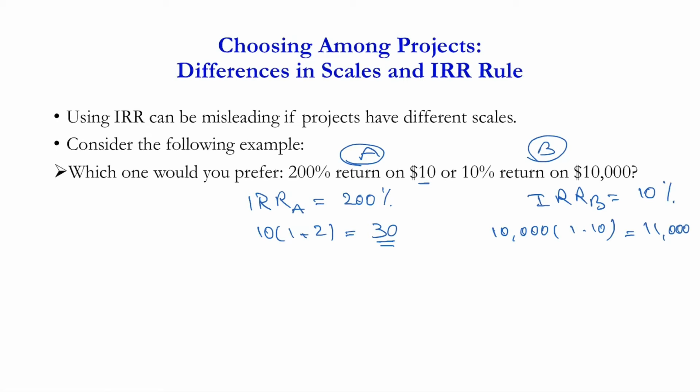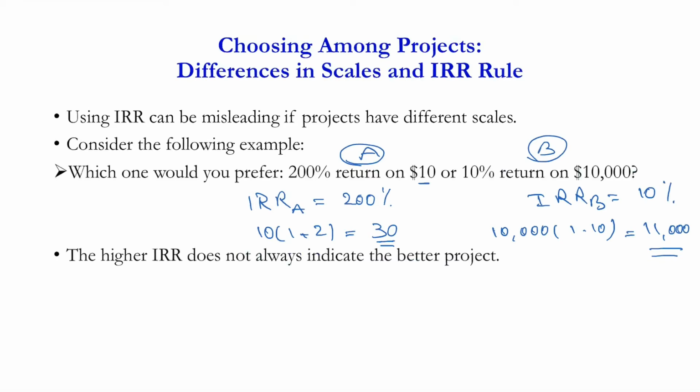The point here is that because of the differences in scale, we would definitely prefer the second option, 10% on $10,000, not 200% on $10. But IRR does not recognize the scale of projects, so using IRR would lead to a mistake.